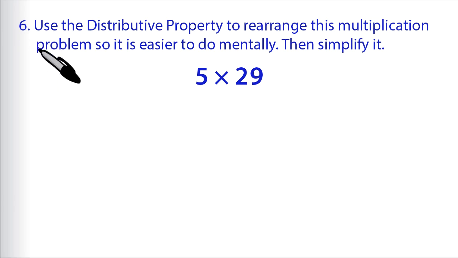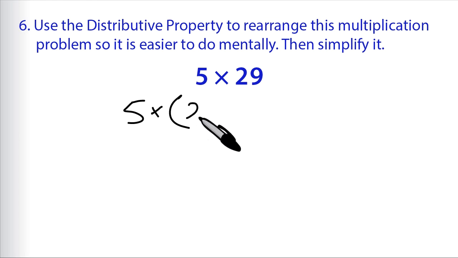For problem 6, we need to use the distributive property to rearrange this multiplication problem so it is easier to do mentally, then simplify it. Neither one of these is technically a group, so we need to convert one of these into a group and then distribute the other factor to the members of that group. So we'll have 5 times the group, and 29 is 20 plus 9.